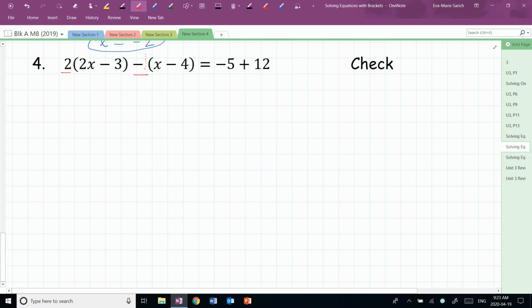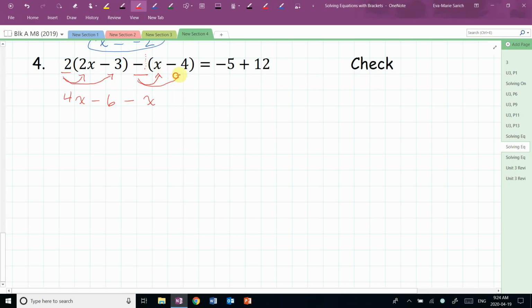All right, let's start the multiplying. 2 times 2x is 4x. 2 times -3 is -6. Moving to the second bracket, -1 times x, well, a negative times a positive is a negative, and 1 times x is x, or 1x. You can write either.